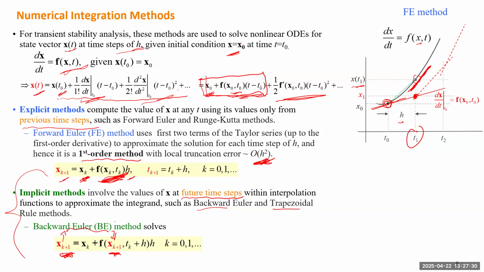For the backward Euler method, it draws this line because it takes the tangent line at the ending point, and that gives you this solution.